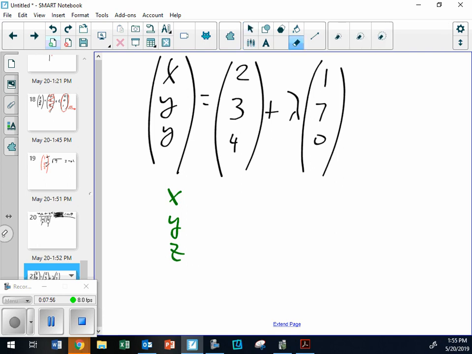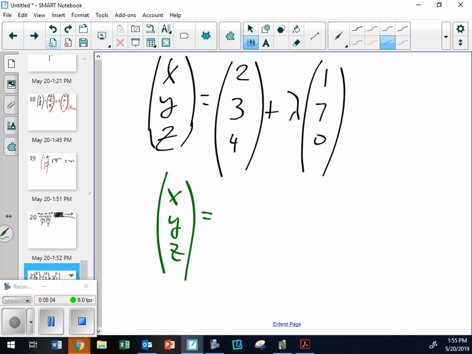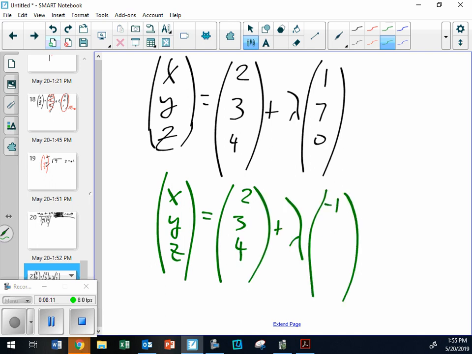Sorry, everybody note it's not x, y, y. It's x, y, z. Okay, and this x, y, z is 2, 3, 4 plus -1, -7, 0. Now those vectors ever going to touch?